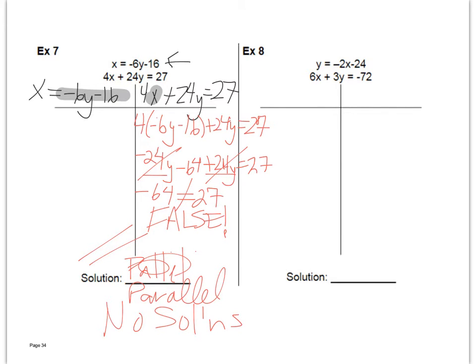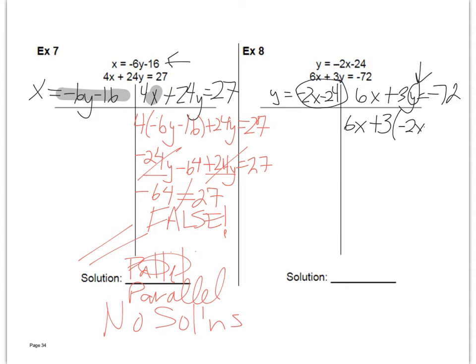Now, over here, we have y equals negative 2x minus 24, and 6x plus 3y equals negative 72. Now I know my y equals this, so I'm going to go over here and find my y, and I'm going to replace it. I'm going to substitute. That's why it's called the substitution method. I replaced the y with what y equals. y is negative 2x minus 24.